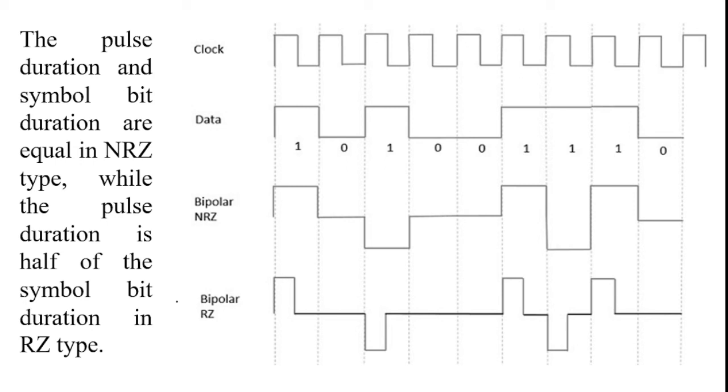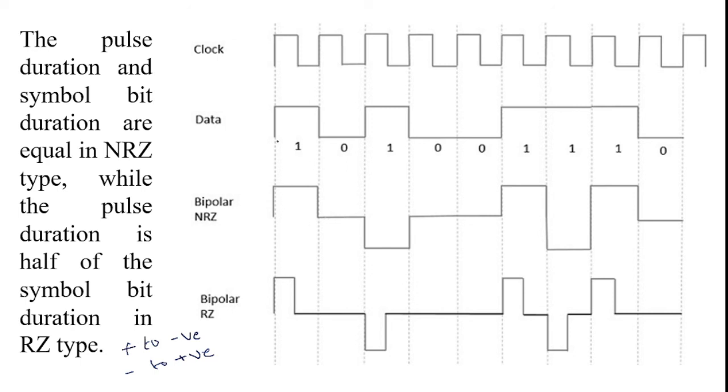For high data, meaning bit 1, the voltage level gets a transition from positive to negative or negative to positive. That is alternate mark inversion, having alternate ones of equal polarity, and zero will have a zero voltage level. Low data is considered as a zero voltage level.